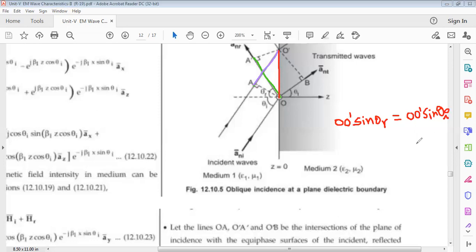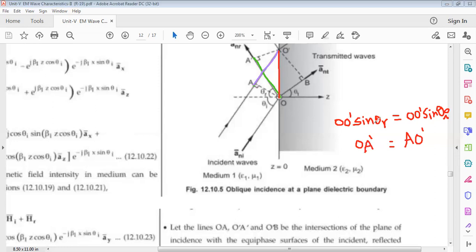Okay, my dear students. The first one is OA dash is equal to AO dash. AO dash is the opposite side of this right angle triangle with the hypotenuse, and we consider AO dash as O dash sine theta R and O dash sine theta I. So both are equal.